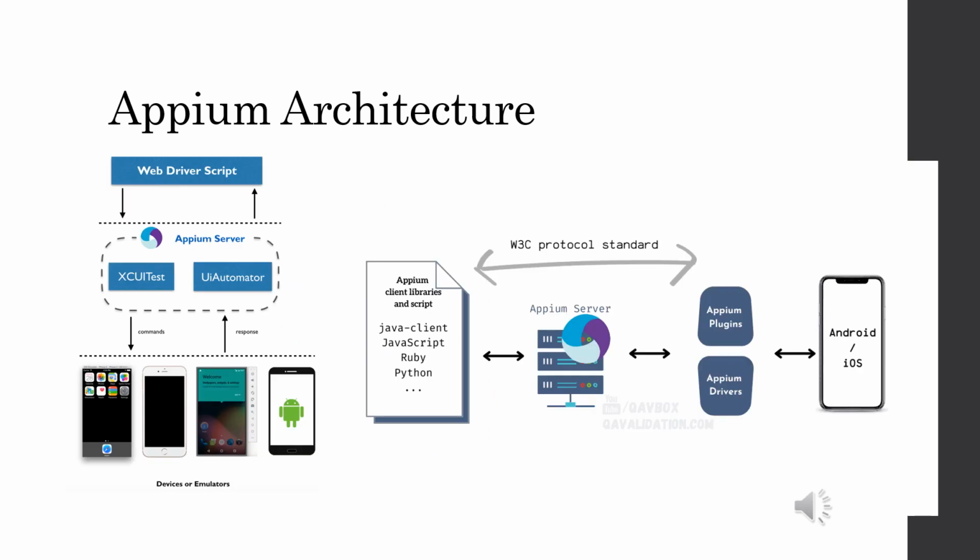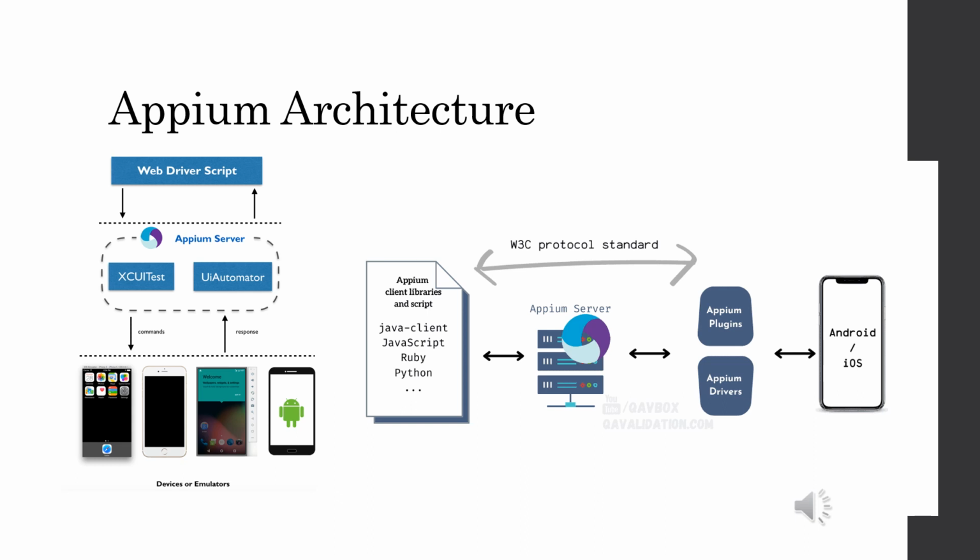The driver script is communicated to the Appium server, which uses XCUITest and UI Automator to test the devices and the device emulators, based on Android, iOS, any kind of applications.